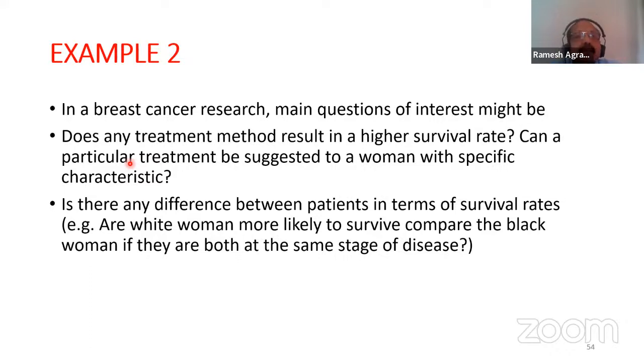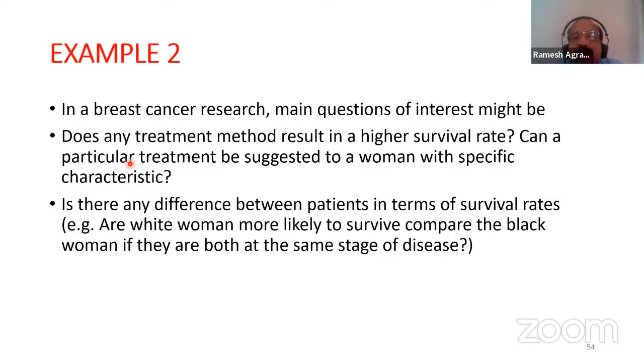Let's say you talk about another example. Let's say in breast cancer research, main questions of interest might be: does any treatment method result in a higher survival rate? Means which treatment will provide more longevity? Can a particular treatment be suggested to a woman with a specific characteristic? Is there any difference between patients in terms of survival rates?